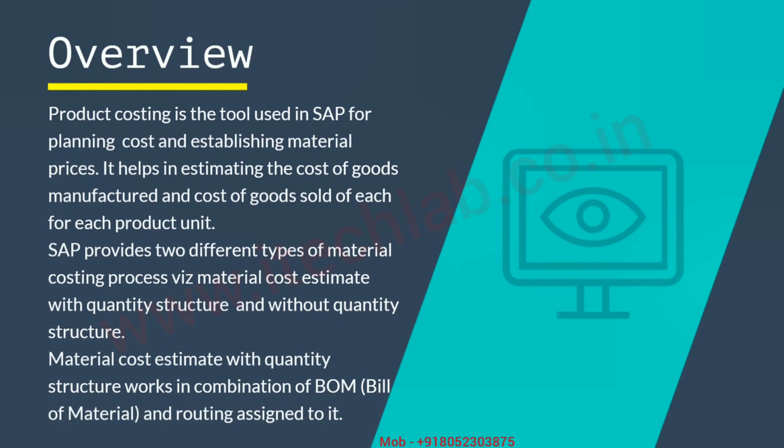So we need SAP product costing, and it is majorly linked with other modules also, like material management for our material records and goods movement, production planning, and sales and distribution.